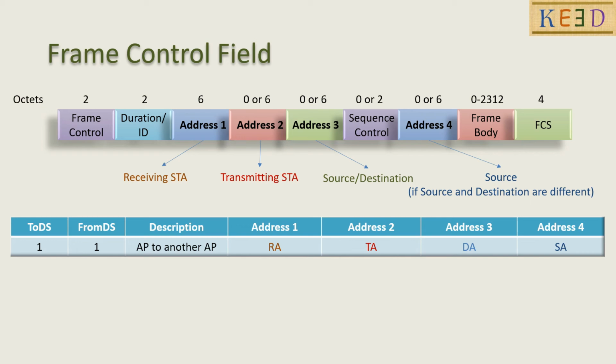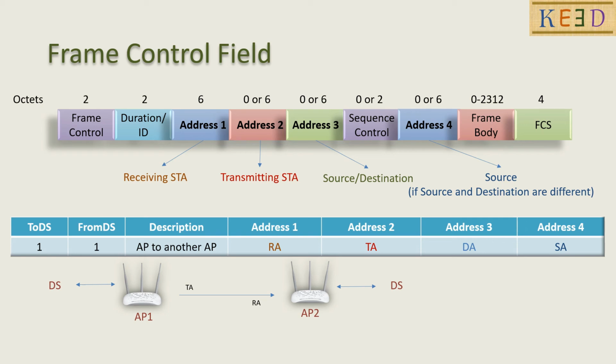When the packet transmission happens from one AP to another AP, then To DS is 1 and From DS is 1. Transmitter address equals source address. Receiver address equals the address of the AP, that is BSS ID.